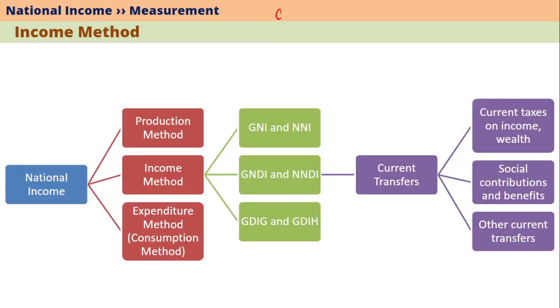So, we have seen that GDP is a territorial concept, meaning whatever occurs within the economic territory of a country, that economic activity will be counted towards GDP. We have also talked about GNP. In GNP, we have the net factor income from abroad concept, meaning whatever factor income is coming from abroad and whatever factor income is going abroad, you will factor that in for the calculation of GNP.